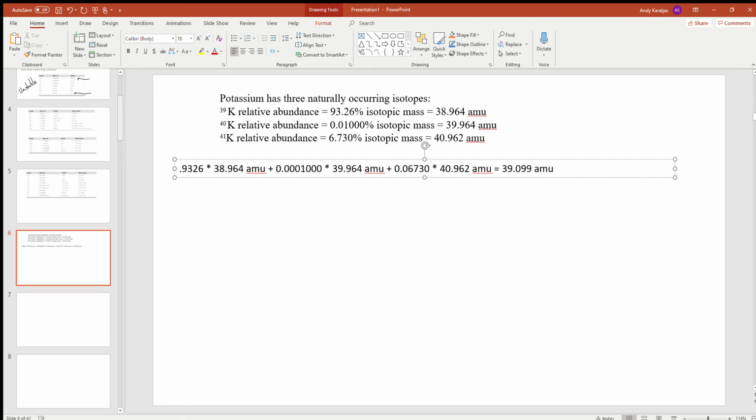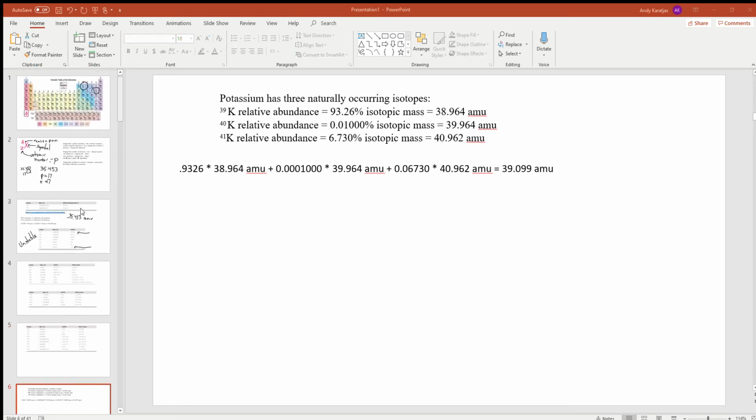Alright, so from here we're going to dig a lot more into the periodic table itself. So let's bring that back up.